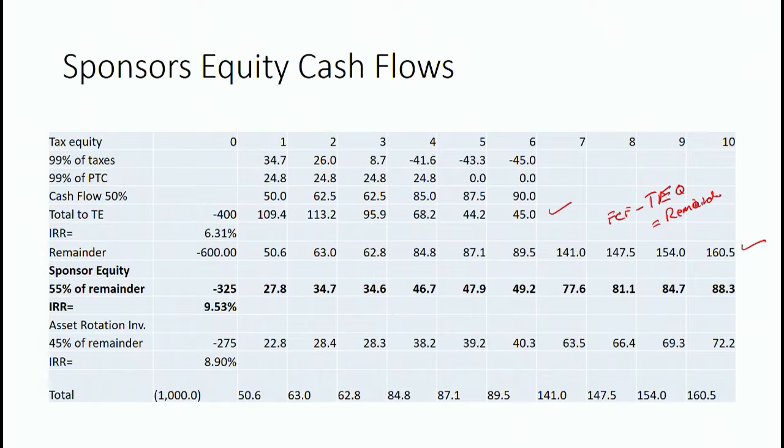And basically, 55% of that flows to the sponsor's equity. This is their investment, and 55% of the remainder is what they get. The asset rotation investors get 45% of the remainder in return for investing $275 million.